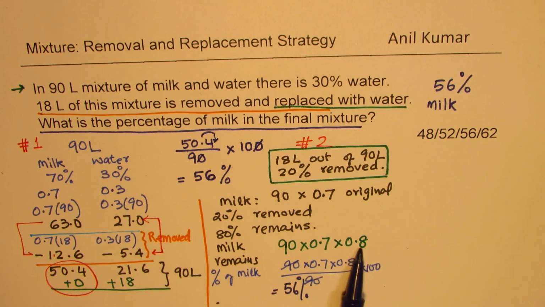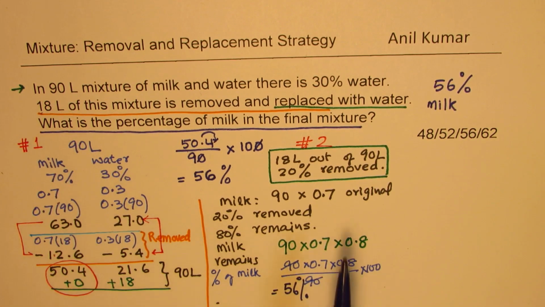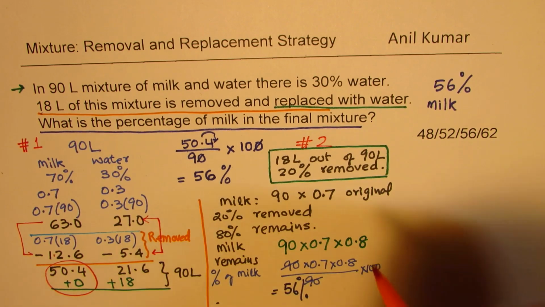So you multiply by 80%. You know exactly what amount of milk is there in this mixture now. To find the percent, divide by the original amount, which is 90 liters, multiply by 100, and get your answer. This is the fastest method of solving such questions, especially in a multiple choice test paper. Is that clear to you?